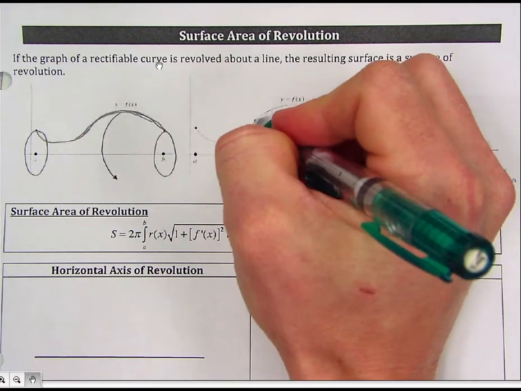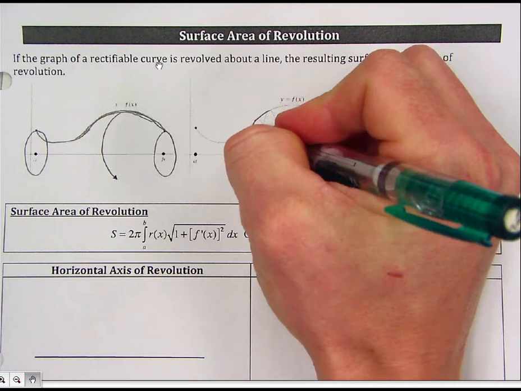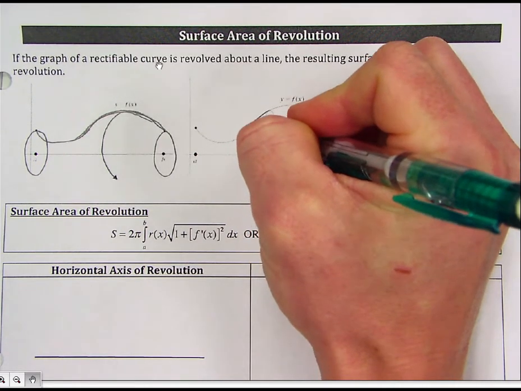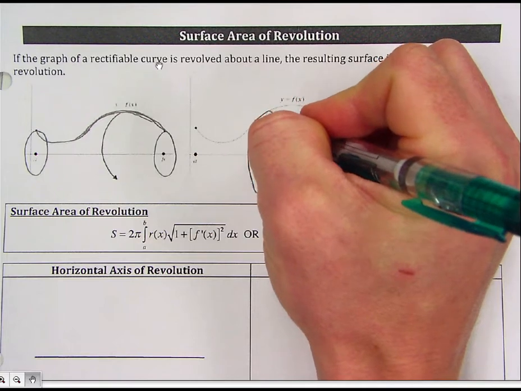And here you can see we almost get ribbons that go around the outside of that volume.